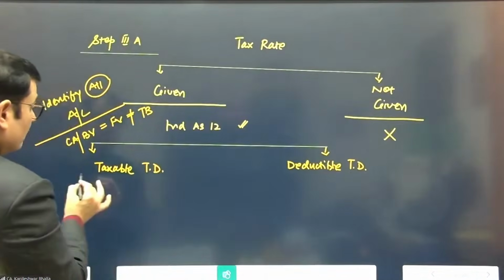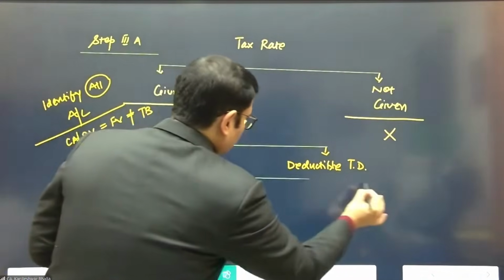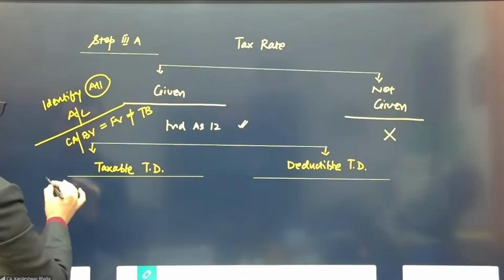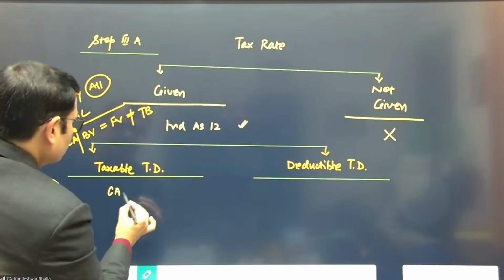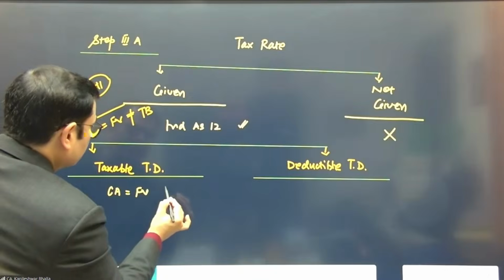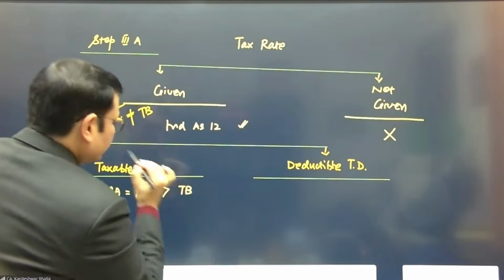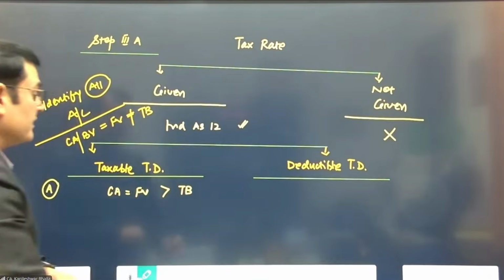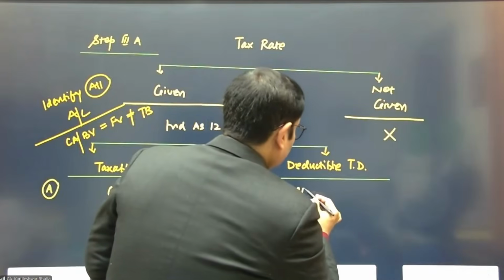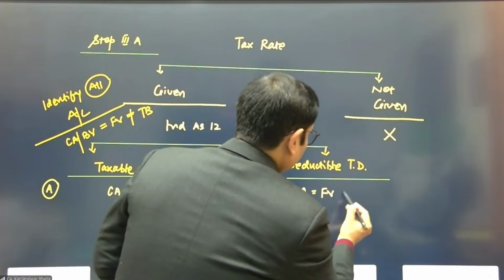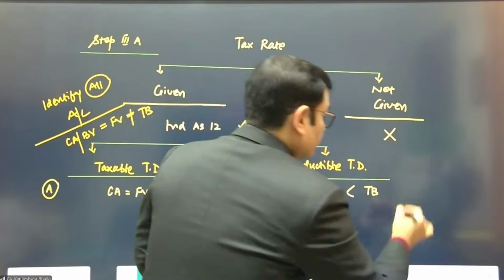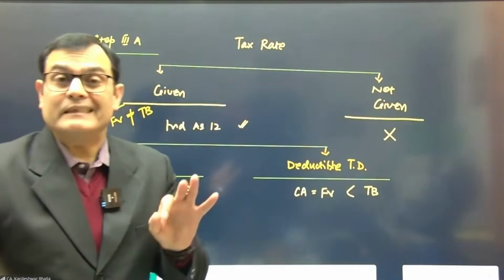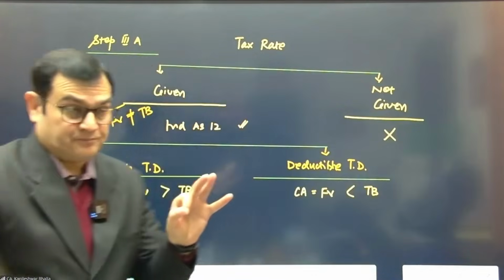And just to remind you, in terms of taxable and deductible differences, if it is a case of an asset, a taxable difference is where the carrying amount, which is equal to the fair value, is greater than the tax base. And if it is a deductible difference, the carrying amount, which is equal to the fair value, is less than the tax base. This is just a recap of the Ind AS 12 perception.